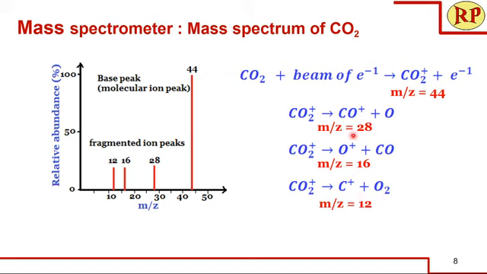So we have m/z ratio 28, 16, 12, and we have corresponding peaks for 28, 16 and 12. So based on the spectral data of the fragmented ion peaks and the molecular ion peak, that is the base peak, we can determine which particular compound this spectrum belongs to.